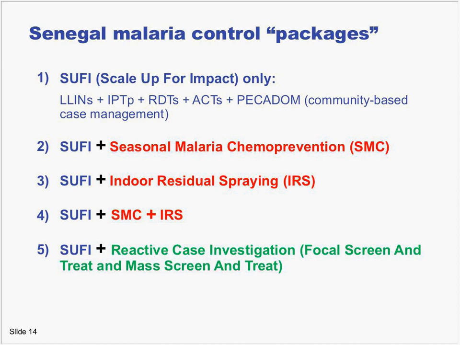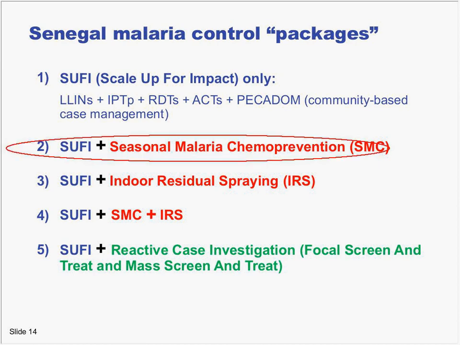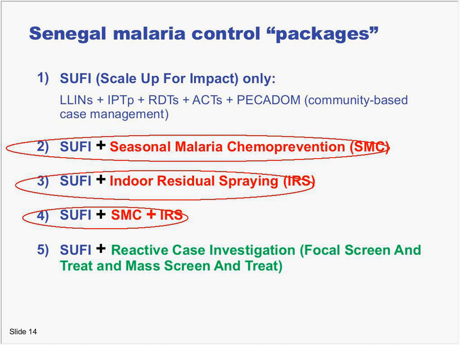We have also other types of intervention being mostly implemented on top of the basic package in the high-incidence areas, and they are either SMC alone, IRS alone, or a combination of SMC and IRS. So these 5 packages in Senegal are what we studied in terms of cost effectiveness.